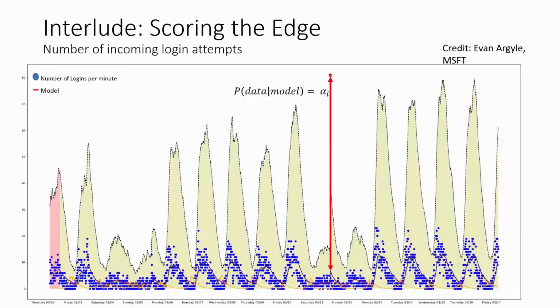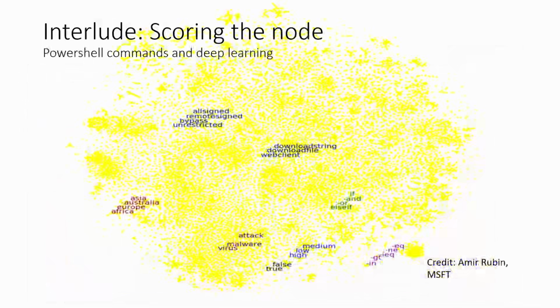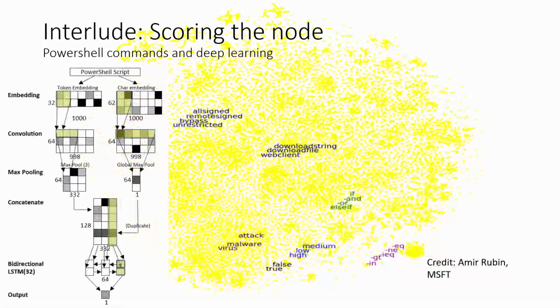OK. But you can also score nodes. Man, that's cool. What is that? I'm just kidding. I know what it is. This is a representation of a PowerShell script that ran on a given endpoint. It doesn't really look like a PowerShell script. It's an embedding of the PowerShell script.